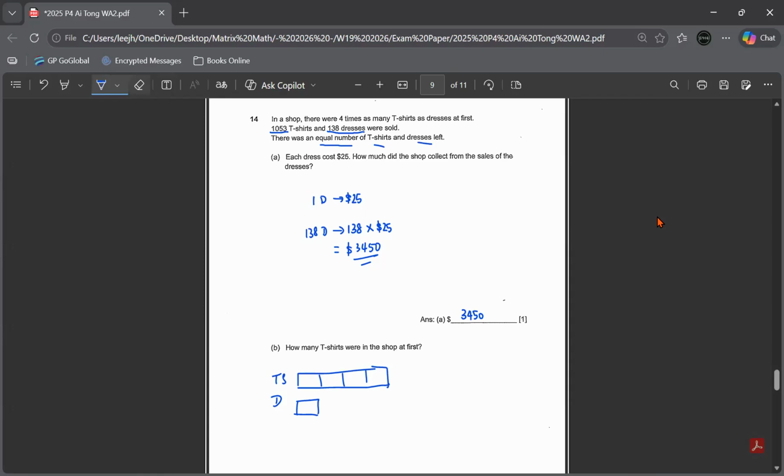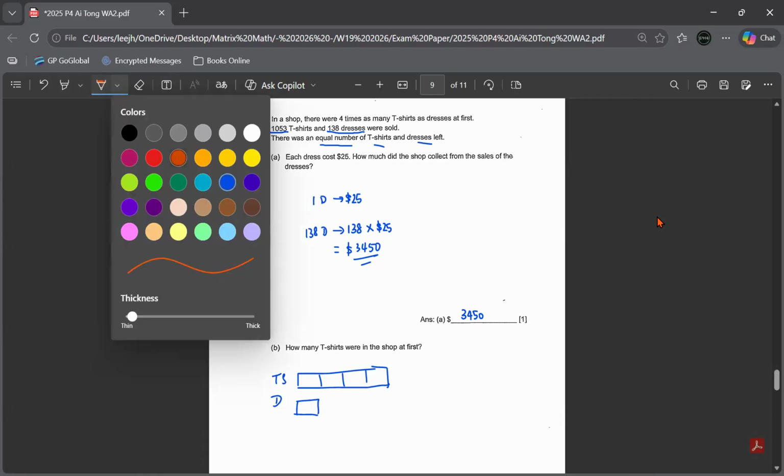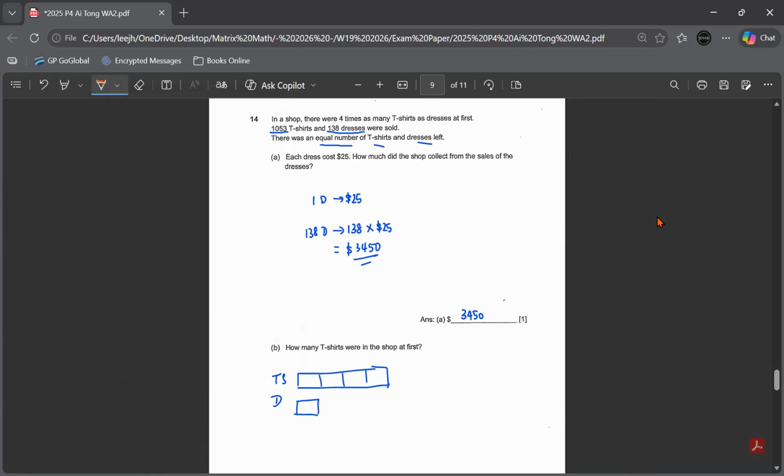To make sure the leftover model is equal, you ask yourself, where can I shade away? You know that dresses sold is only 138, whereas t-shirts sold is 1053. To make them equal, it is only this part that is the common unit, so we cannot cut anywhere else. So the dresses, 138.